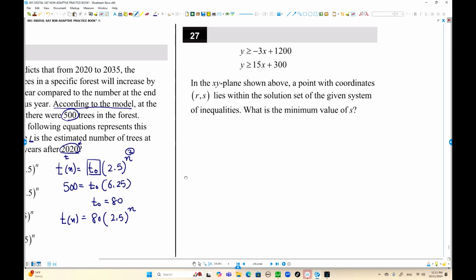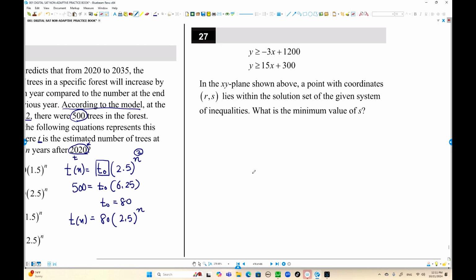Here is 27. So we have a system of inequalities. There are infinite solutions there, but we're going to find a special solution, which is the minimum value of s. S equals what? The value of y. Which solution has a minimum value of y? When you make a graph, or you can use decimals, I'm going to show you.